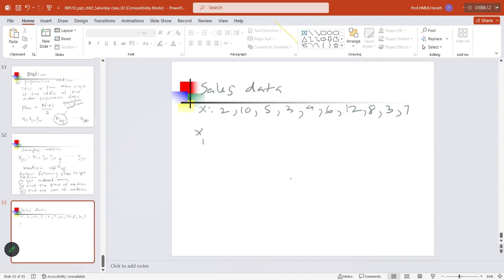Now we list xi. The smallest value is 2, then 3, 4. We have two 3s. I forgot it.